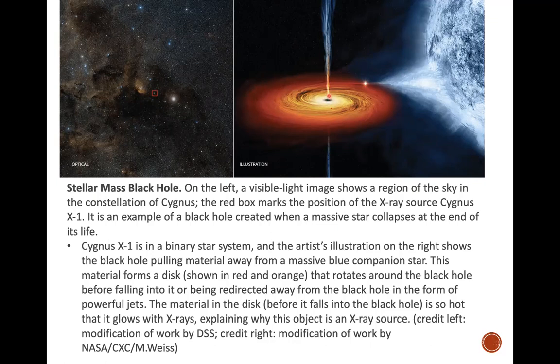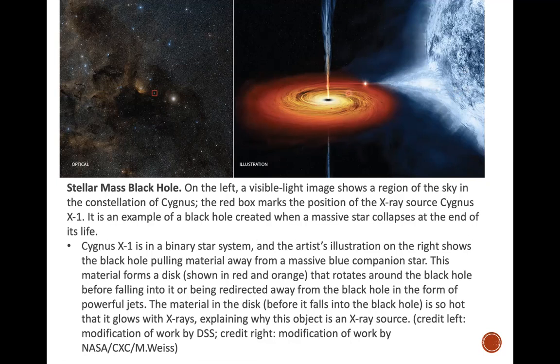And then what the black hole can do is that it can take or accrete material from a surrounding star, right? So here is a nearby star, and we used to tell that this is a blue companion star. What the black hole does is it pulls all the material away from this massive blue companion star, and this material will start to swirl around this particular black hole, right?